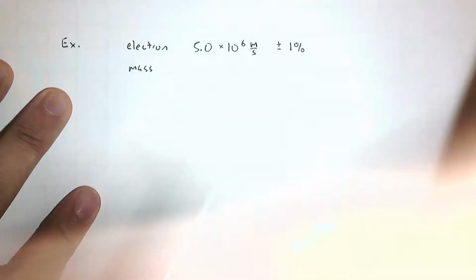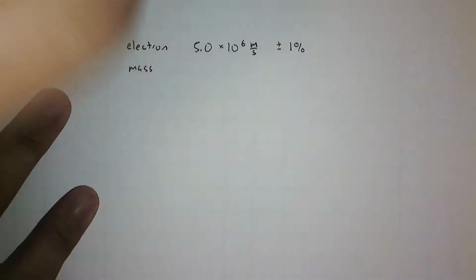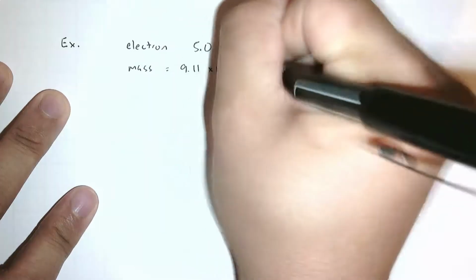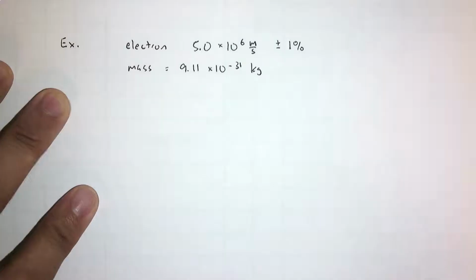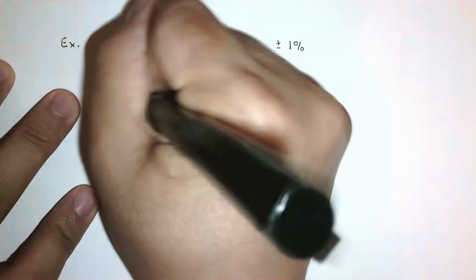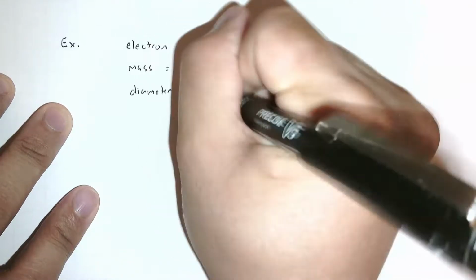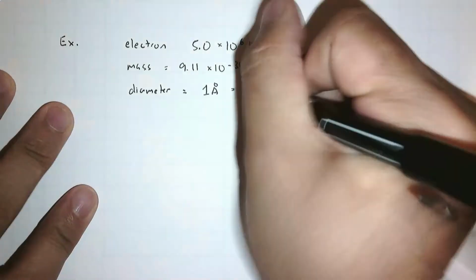Let me give you the mass, because that was part of Heisenberg's uncertainty principle equation. Mass equals 9.11 times 10 to the minus 31, and we are using, again, kilograms, just like we did for the de Broglie wavelength. Diameter is about 1 angstrom. 1 angstrom is 10 to the minus 10 meters.